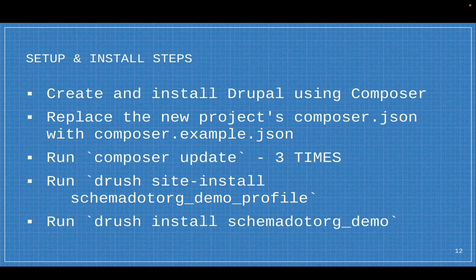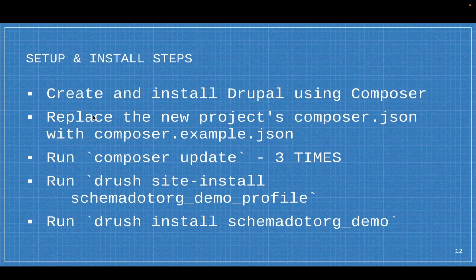So you create and install Drupal using Composer, standard install. Then the simplest approach is to take the composer.example.json file in the install directory in the demo and replace your composer.json file, then run composer update, then install the site, and then install the demo.